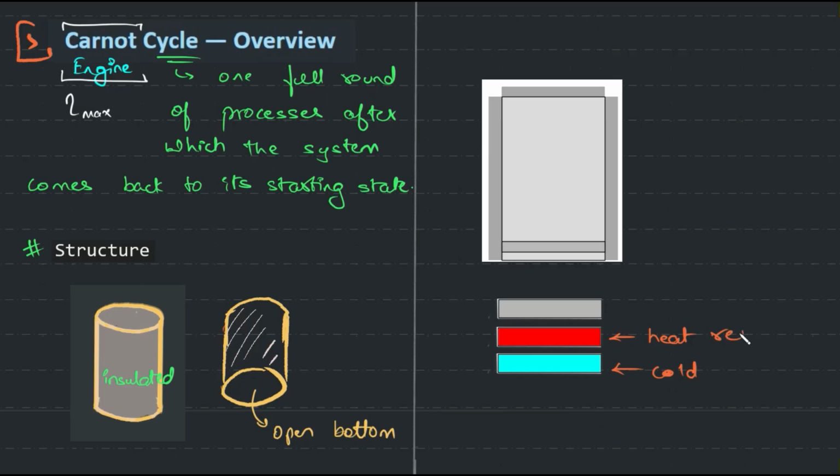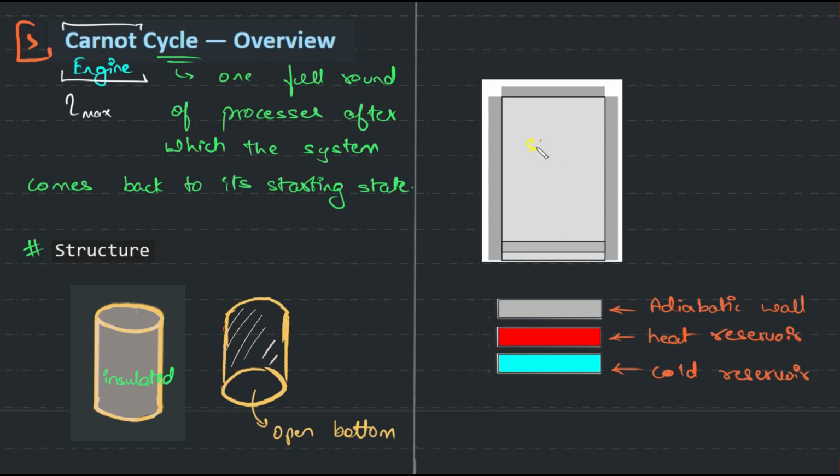So we have heat reservoirs and cold reservoirs, and you have an adiabatic wall as well. I hope you guys know what an adiabatic wall is. This is used for insulation. It won't let the heat come in or go out. So the system will be isolated.